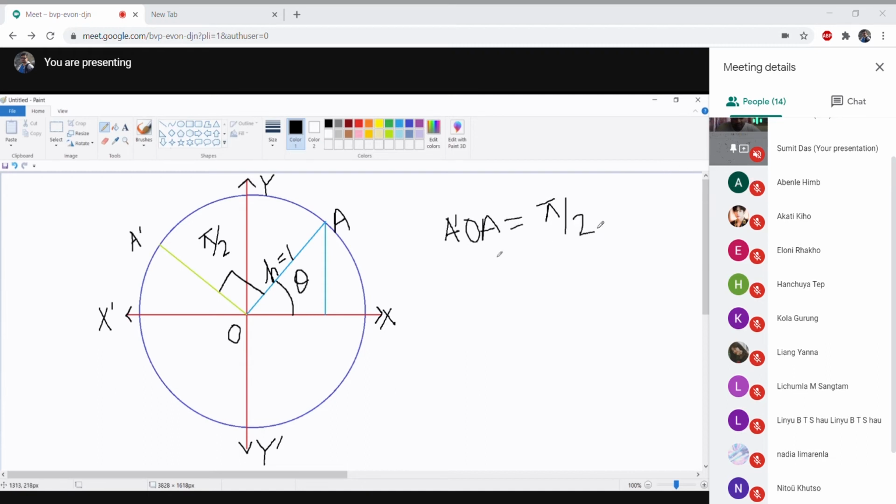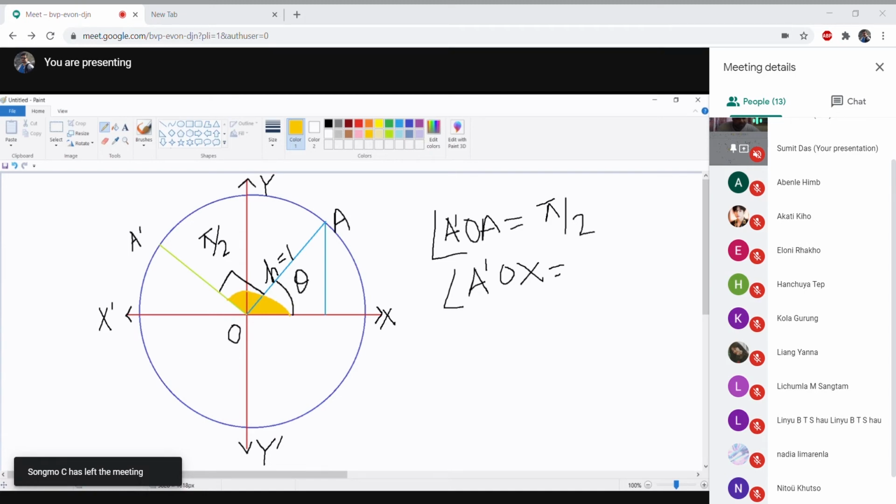So can anyone tell me what is the angle measurement of A dash O x? I'm asking what will be this angle? You can see this orange color one. What will be the measure of this angle, A dash O x?